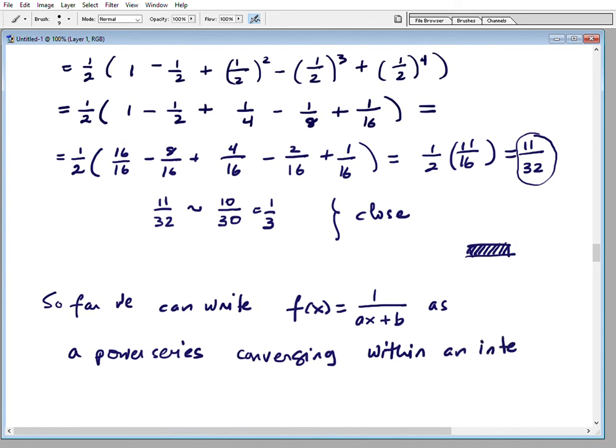In other words, it's not as if this is equal to the power series. It's only equal to the power series for some x values. So that's what we can do so far.